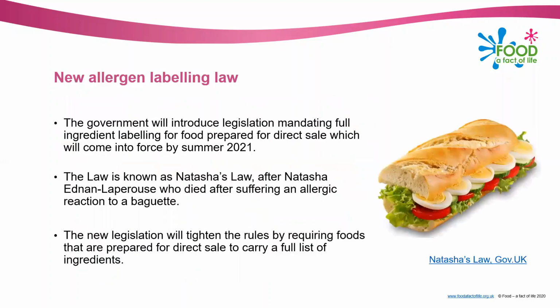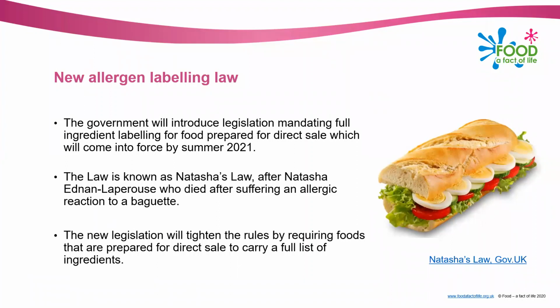Now, there's been a new allergen labelling law that's going to come into force in summer 2021 due to the tragic story of Natasha, who is a young girl who had a baguette from an out of home outlet, had an allergic reaction to something in the baguette, and tragically passed away.